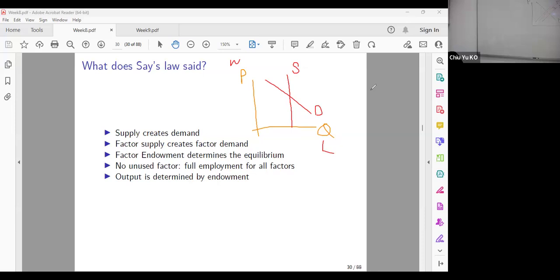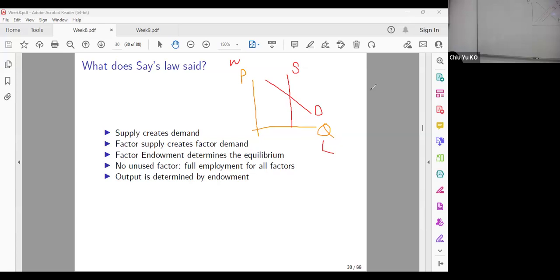Look at the four tigers: Taiwan, Korea, Hong Kong, and Singapore. It's not because suddenly they became smarter or whatever. These economies just have more capital, more labor. That's it.